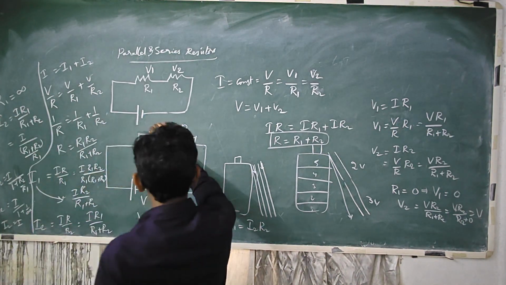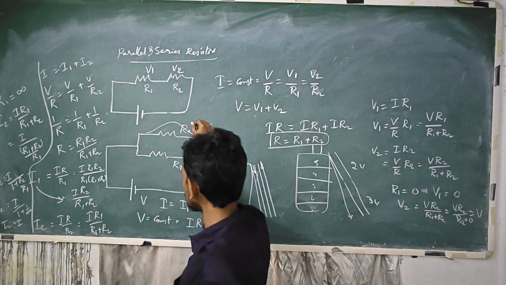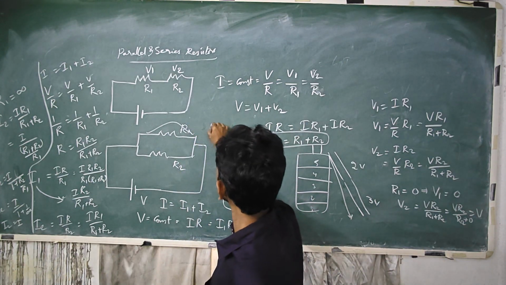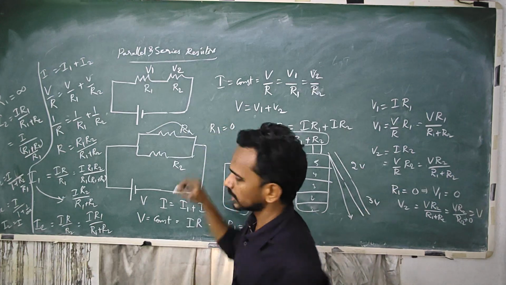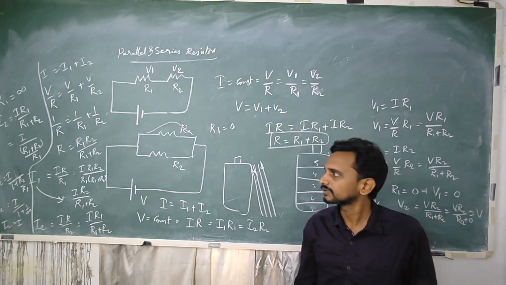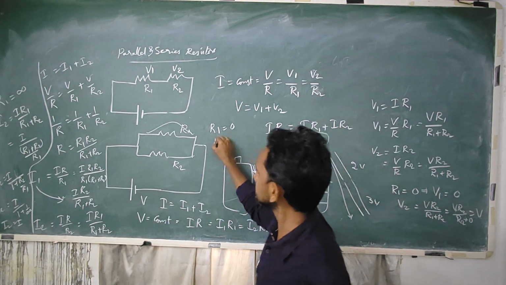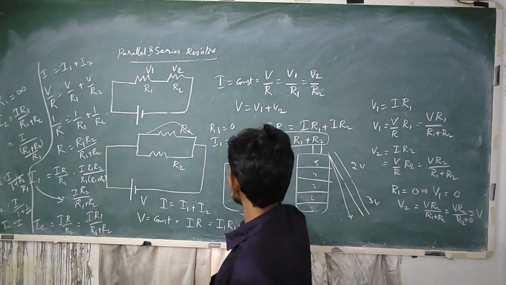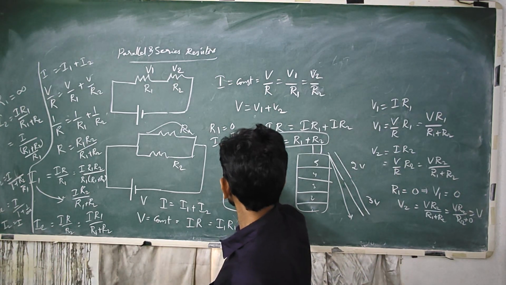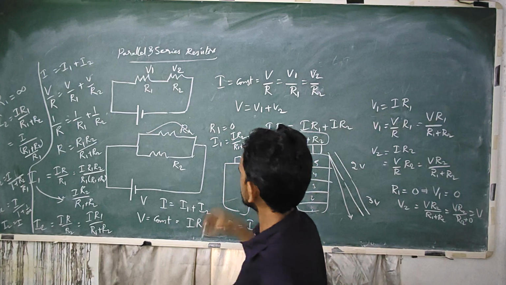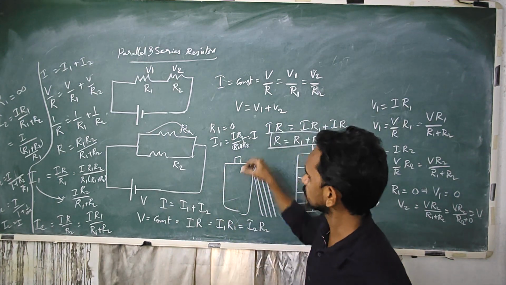So what if I replace this R1 with a wire? Let's say R1 is 0, one of the resistors in the parallel circuit. What happens? I1 is I R2 by R1 plus R2. This becomes I, since R1 is 0 and R2 cancels out.